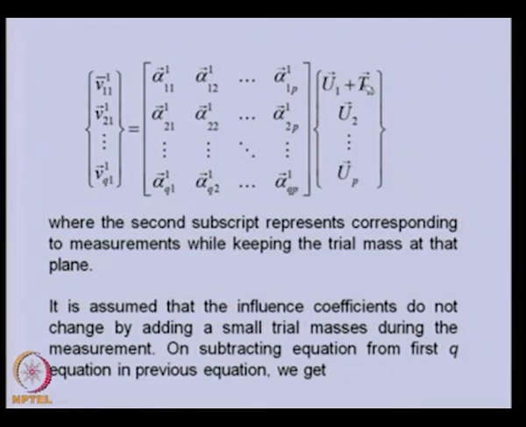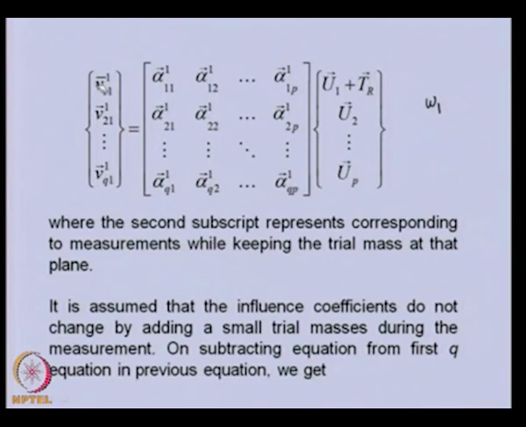So, we have kept it in the first plane, and because of that we expect, and let us say we are operating the rotor at one of the speeds, let us say omega 1. So, corresponding to omega 1 we define the influence coefficient like this. So, the superscript is representing that these influence coefficients correspond to omega 1 speed, and these responses are also at speed 1, but the second subscript is representing that there is a change in the response due to the trial mass.